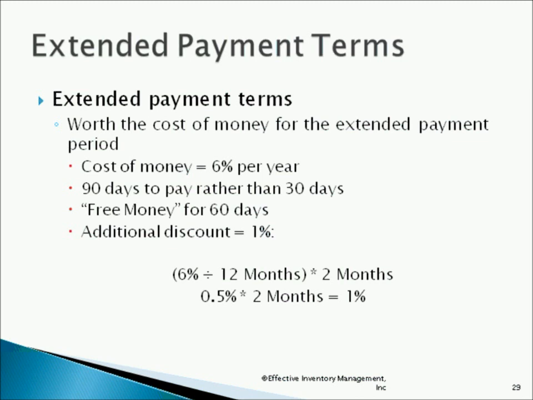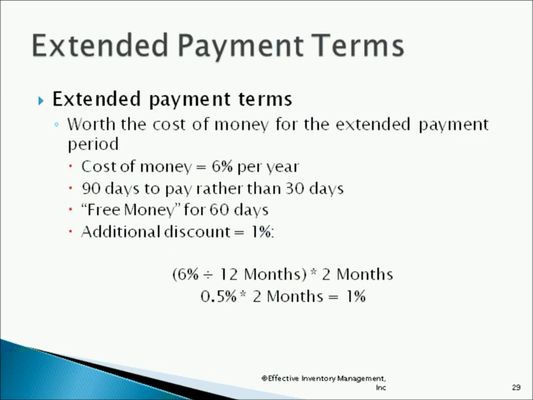Well, the actual dollar discount is the free money for 60 days. Okay? What you would incur in interest expense if you were to borrow money for 60 days. Let's say you could borrow money at a 6% annual rate. You could get those terms from your bank. Well, 6% divided by 12 months is about 0.5% per month.